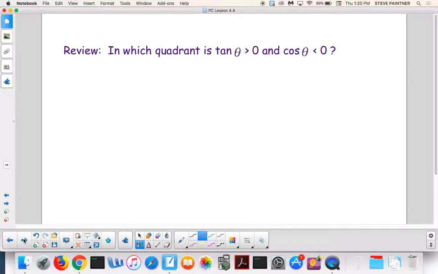And the question is, in which quadrant is tangent of theta going to be greater than 0 and cosine of theta going to be less than 0? Think about it. And then look at your neighbor and say, what'd you get? No, not yet. Think about it yourself.